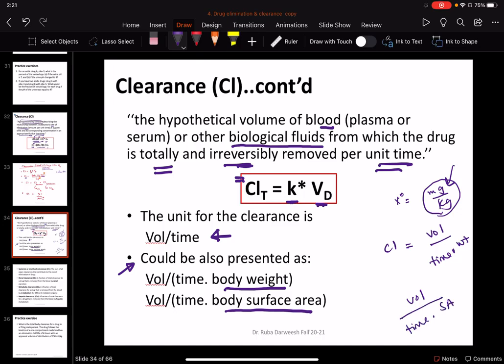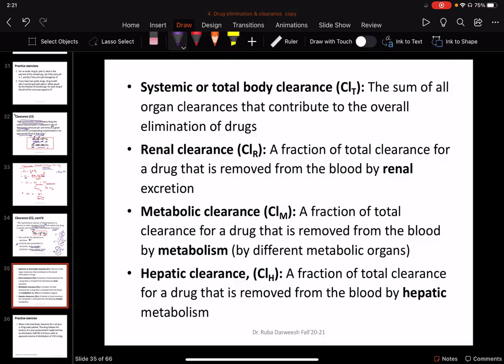So again, if you have the weight or surface area, you can calculate it back to the clearance that you already know, which is volume per time as a unit for the clearance.